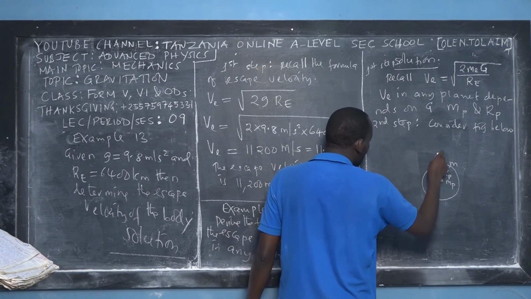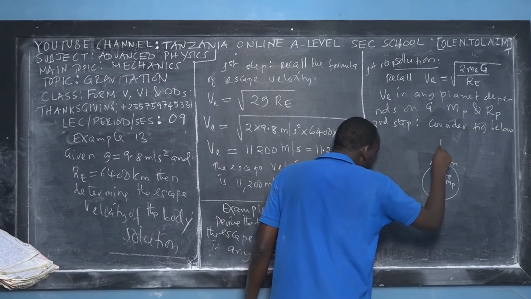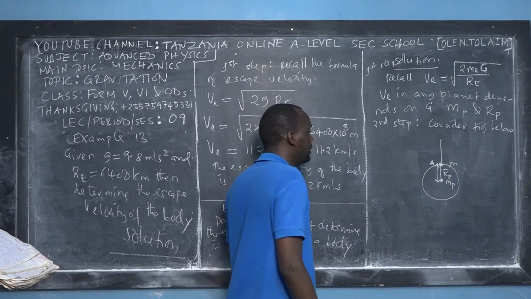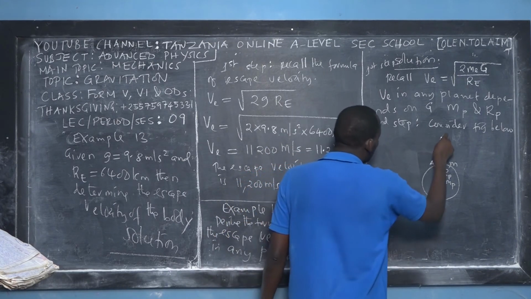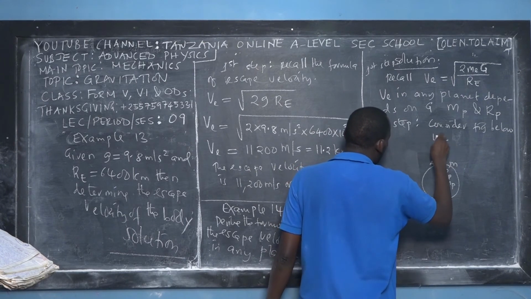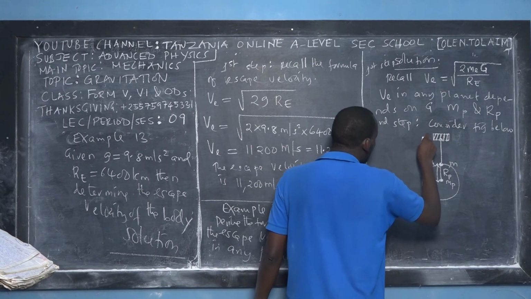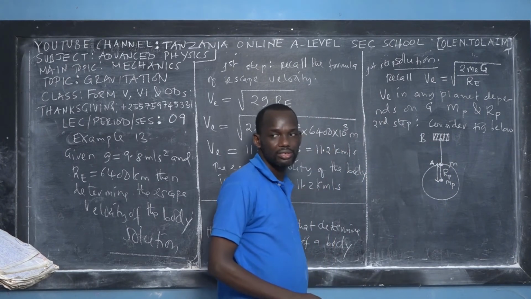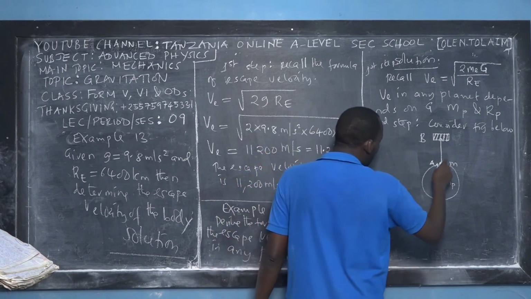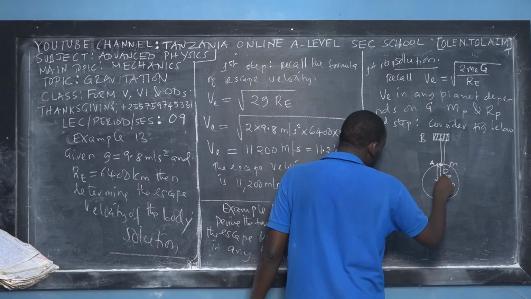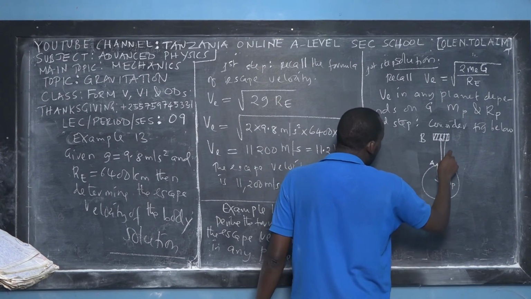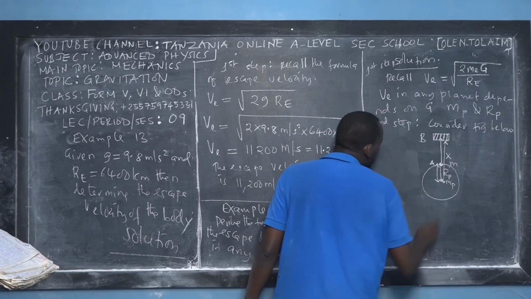Suppose this is point A, and the intention of an astronomer or spacecraft specialist is to take a body from a certain planet, from Jupiter, to a certain distance, which we call B, right? So the distance between point A and the center, we call it x, right?